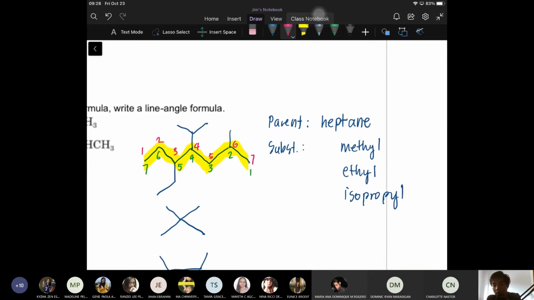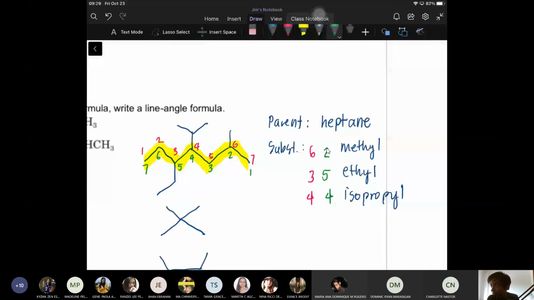Okay, so left to right, right to left, magkakaiba yung number ng ating substituent. Susulat ko yung sa red, ha? So sa red, yung ethyl ay nasa 3, ang isopropyl ay nasa 4, ang methyl ay nasa 6. Ang green naman, nasa 2 yung methyl, nasa 4 yung isopropyl, nasa 5 yung ethyl. Mamili tayo. Is it the red or the green one?